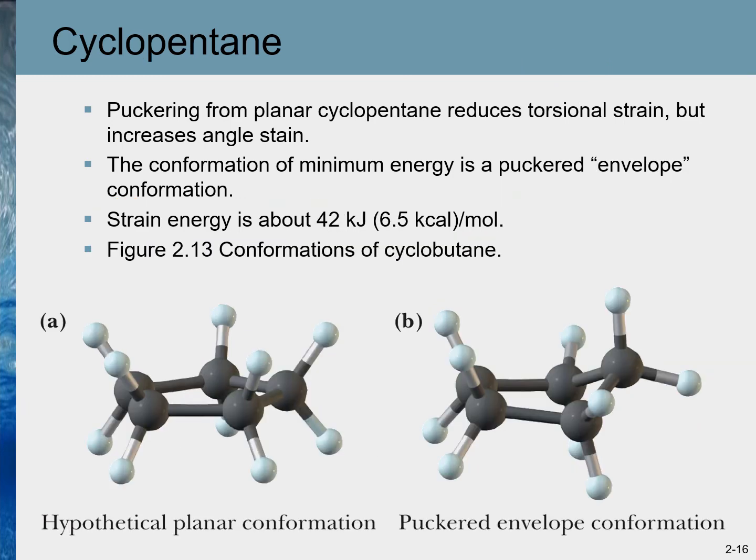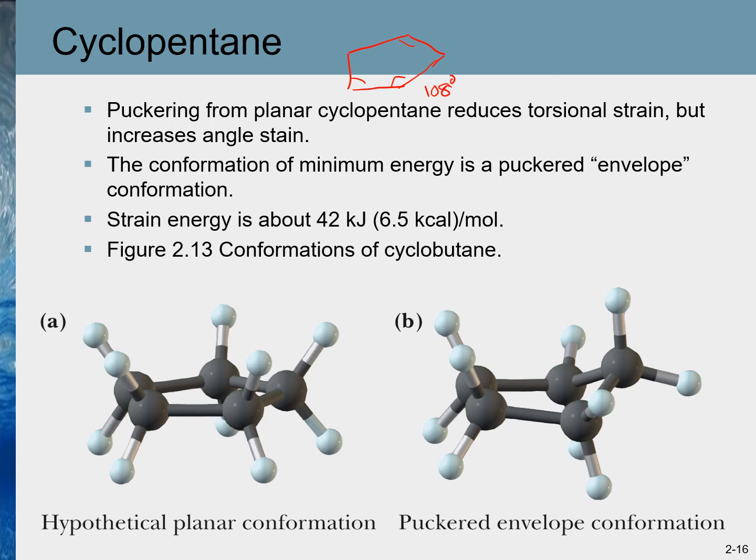Cyclopentane is one of the most common cycloalkane molecules. If cyclopentane adopts a perfect pentagon planar geometry, such as this way, then all the carbon-carbon angles will be 108 degrees.